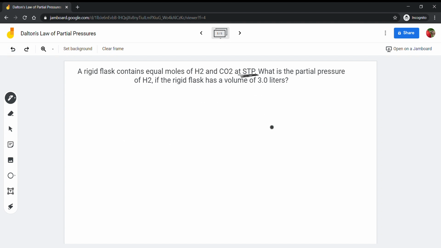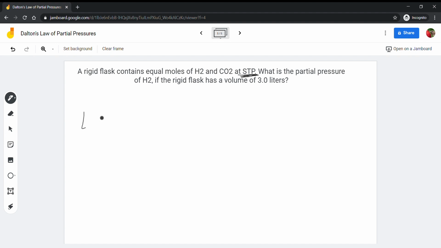So we have to find the number of moles, and we're given liters. We should use PV equals nRT. If you looked at my previous video on PV equals nRT ideal gas problems, I suggest you check that out if you do not know what I'm talking about. If you are familiar with the equation, we'll just continue on.